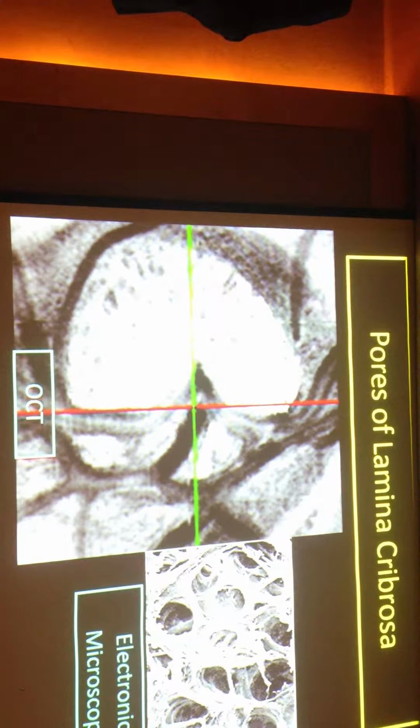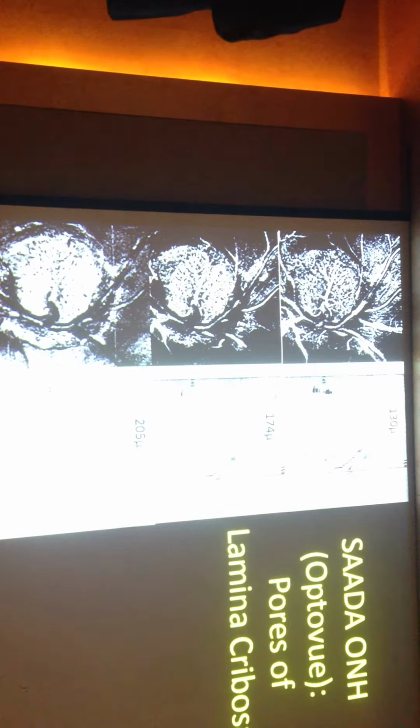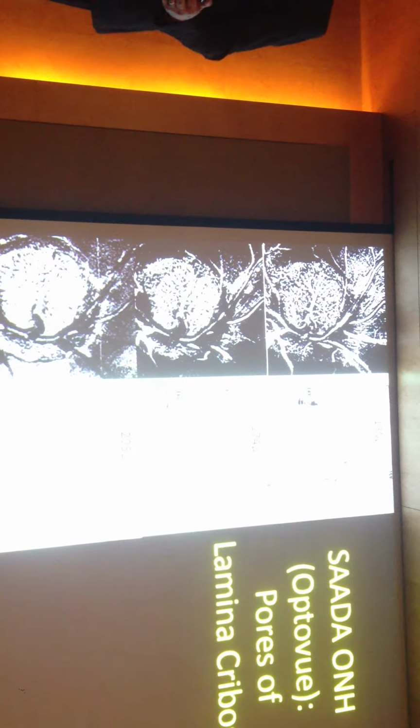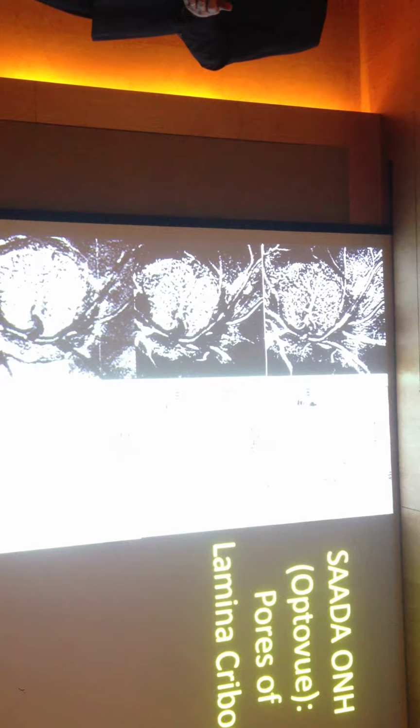When we zoom on the lamina cribrosa, you can compare it with an electron microscopy, and we can go with different settings. We can observe the lamina cribrosa at different depths, and you can see with the setting, you go deeper and deeper.